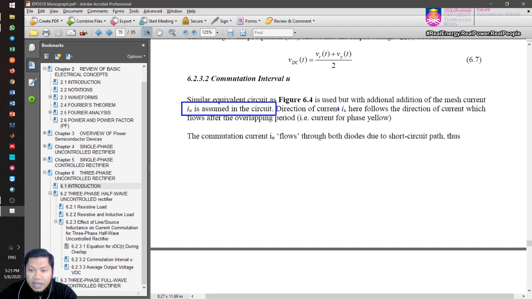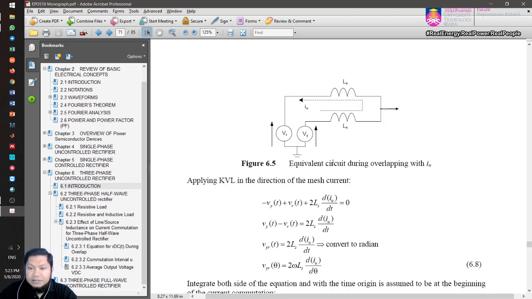The direction of Iu should follow the direction of the current which flows after the overlapping period. We know that after the overlapping period, the yellow phase current will flow, and therefore you need to assign a current that follows the yellow current. So in this circuit, you have this direction, because the yellow current will flow after the overlap.